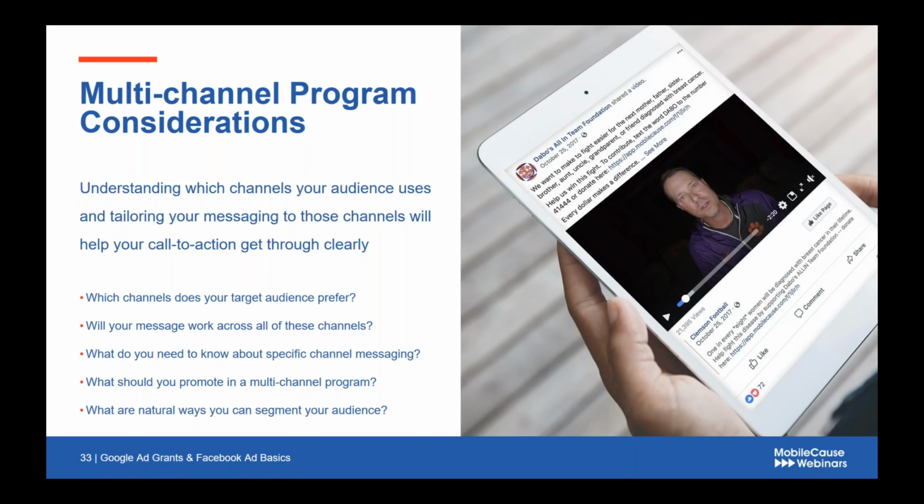So for example, a communication piece intended for baby boomer generations maybe carries a different tone than the communication that you might send out that's intended strictly for, say, 18 to 30-year-old audiences. These are things to be aware of.